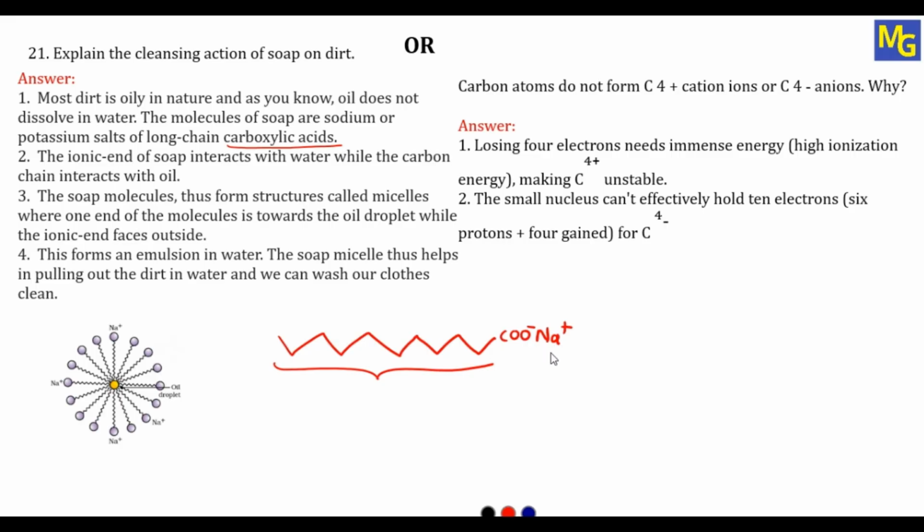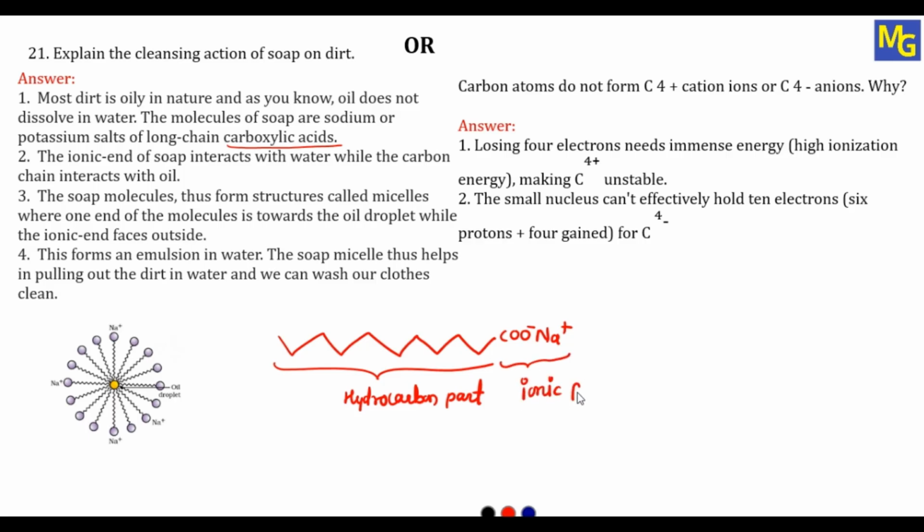If it is potassium, then in place of Na plus we can write K plus. So this long chain is called the hydrocarbon part. This is the hydrocarbon part. And the other one is called the ionic part. I hope you understood this.